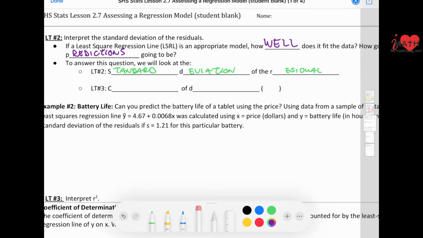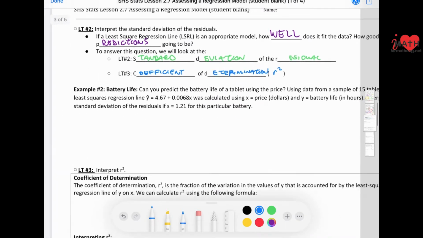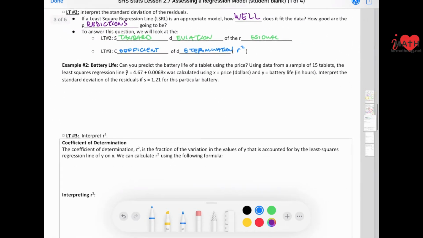Learning target number 3 is called the coefficient of determination. And that's R squared.